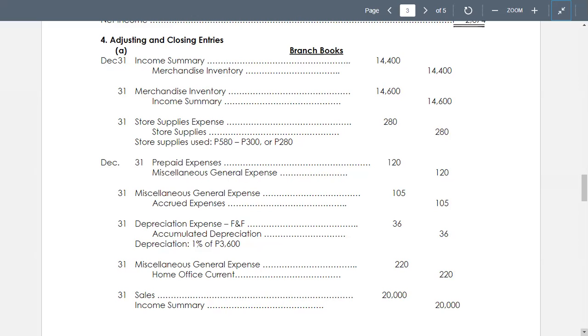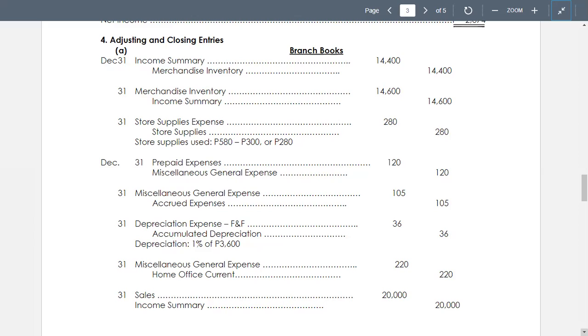Take note that in the books of the home office, we have the account unrealized intercompany inventory profit, a credit of 3,700. Then we also have the branch account with a debit balance of 33,760.